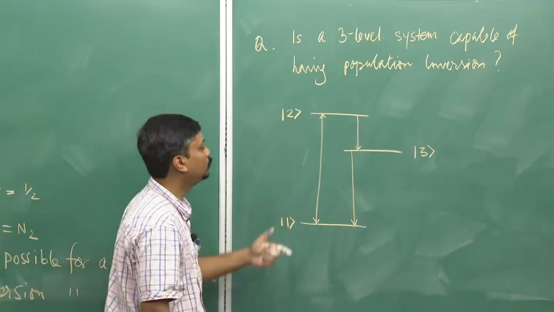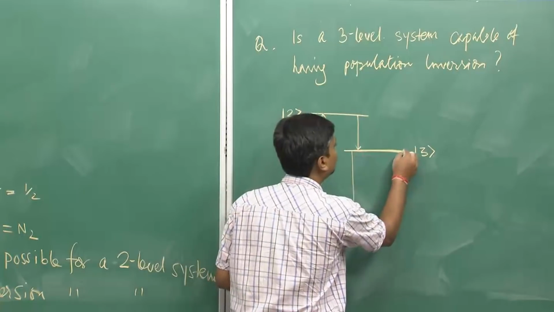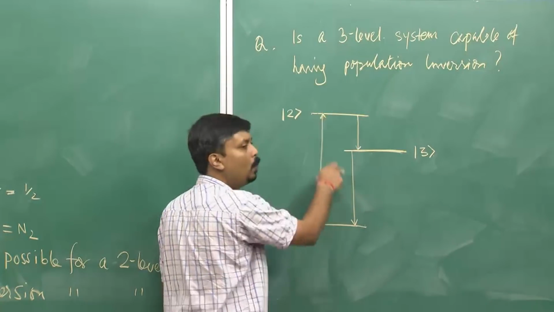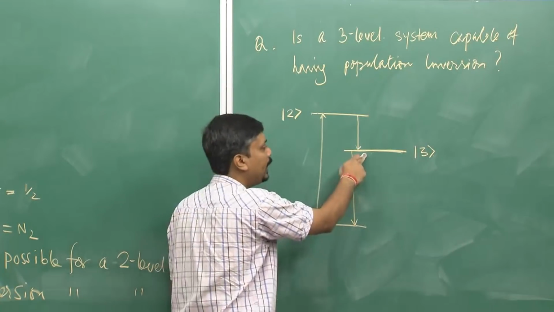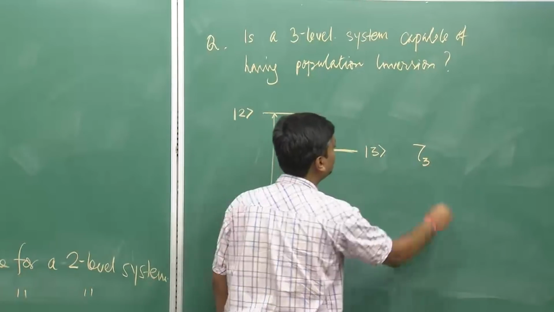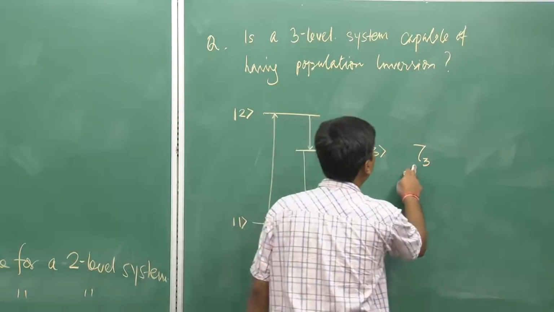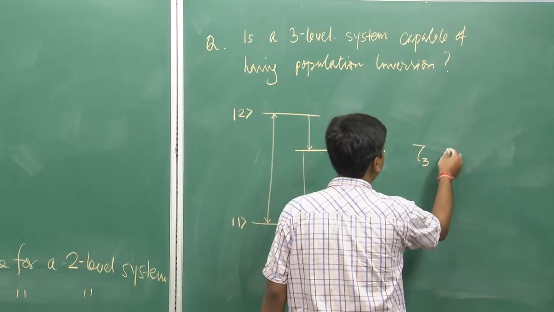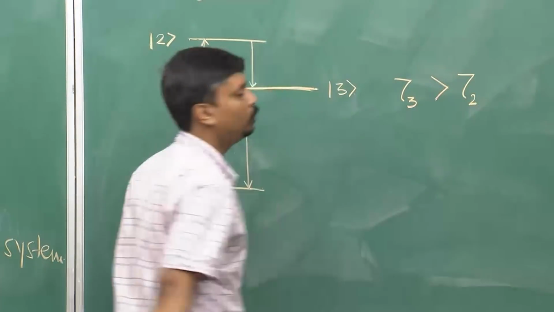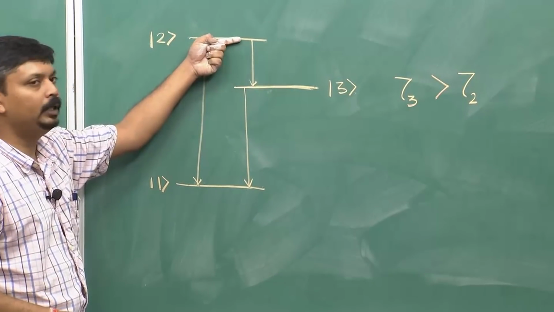So, what are those conditions? That is, this level 3 which is lying below level 2 must have a long lifetime. So, if I write tau 3 as the lifetime of state 3, then tau 3 should be much greater than tau 2. In other words, the lifetime of state 2 is much shorter.